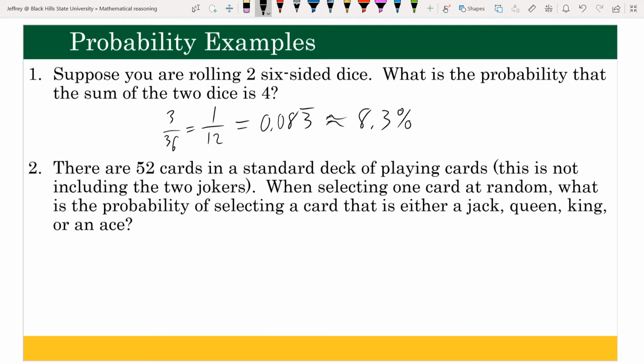There are 52 cards in a standard deck of playing cards, and we're excluding any jokers. Let's say we select one card at random. What's the probability of selecting a card that is either a jack, queen, king, or an ace? It may help to look at an actual deck of 52 playing cards.